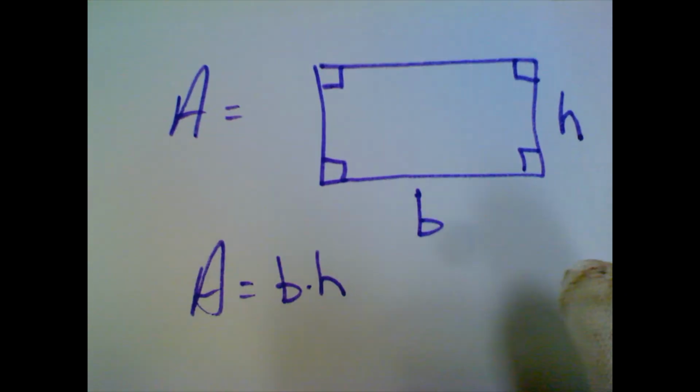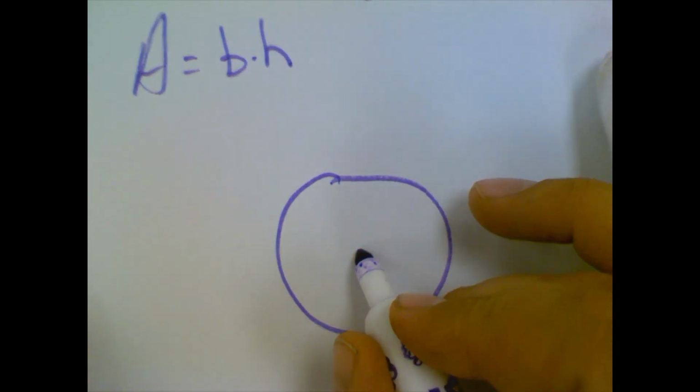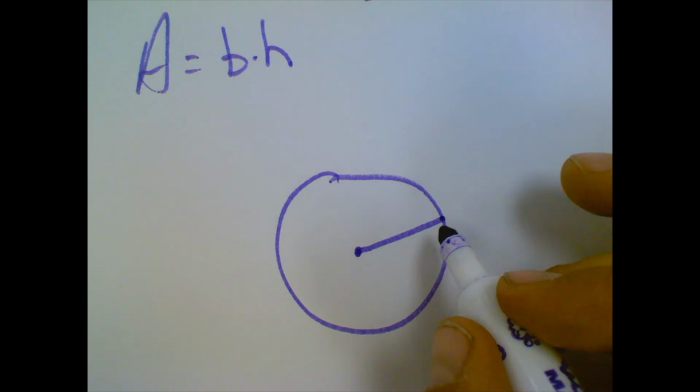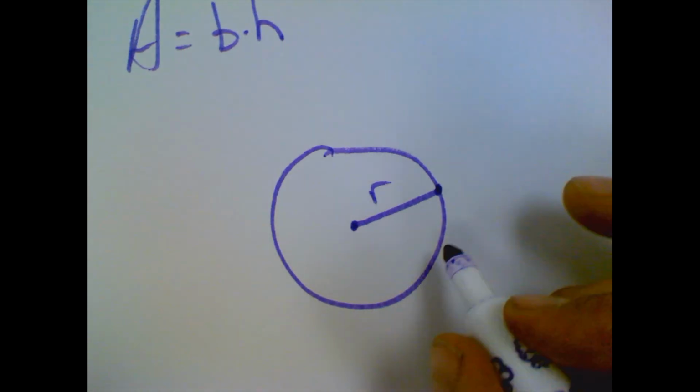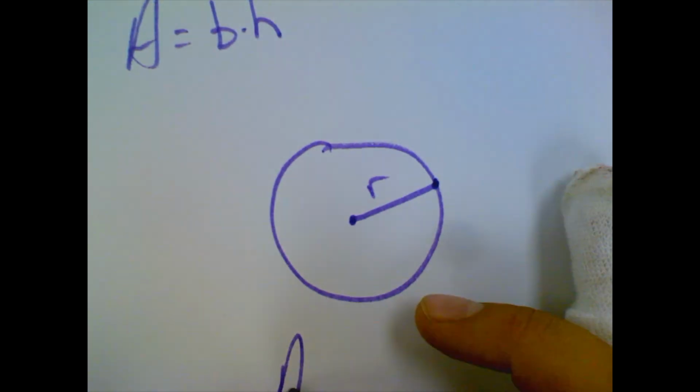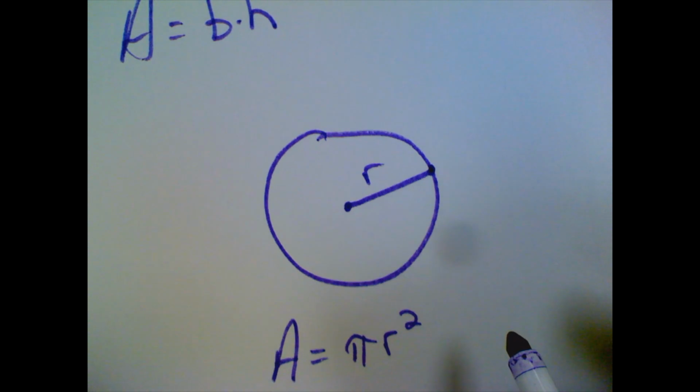Okay? If we're talking circles, remember the distance from the center point to a point on the circumference is called the radius. And if we know the radius, we can find the area. It's pi times the radius squared.